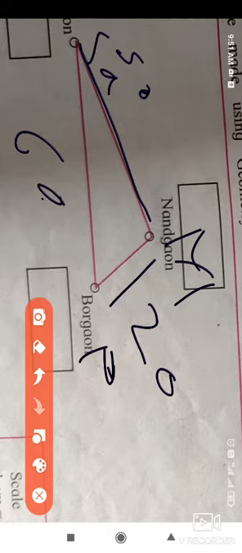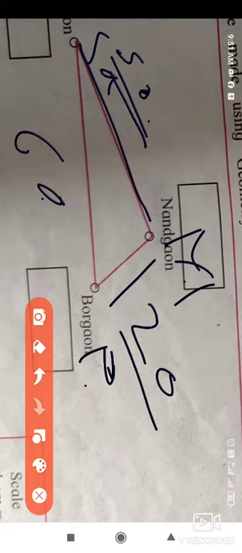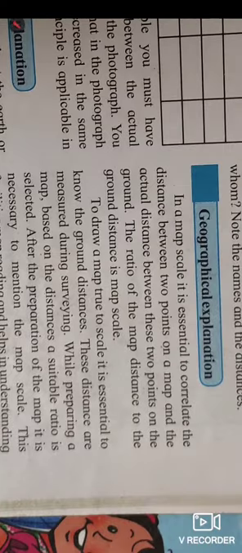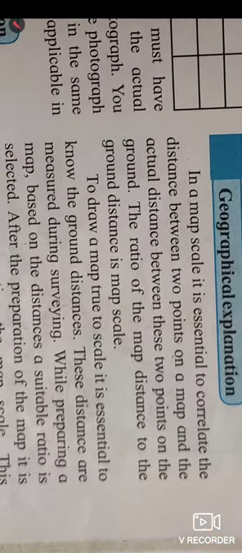Sahil and Meenal have 50 kilometers, Meenal and Pradnya have 20 kilometers, and Sahil and Pradnya have 60 kilometers. In this way we can identify which village belongs to which student. So we can identify that Meenal belongs to Nandagaon, Sahil belongs to Pimpalgaon, and Pradnya belongs to Borgaon.